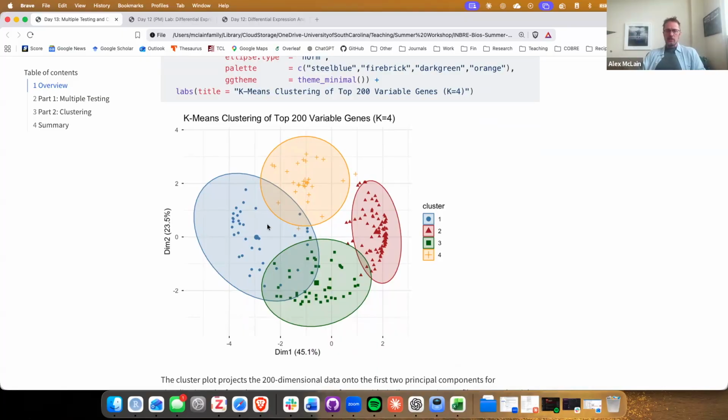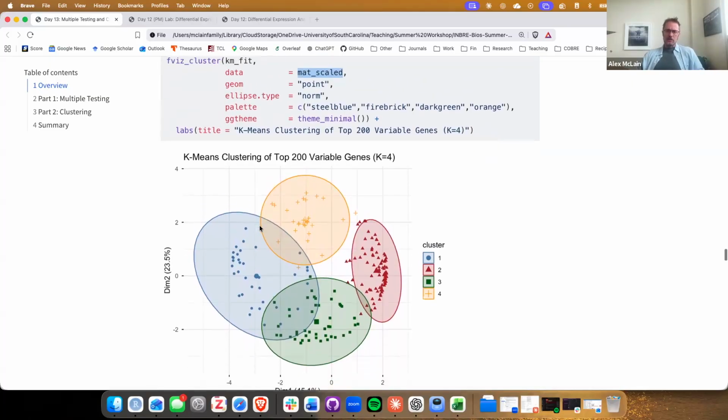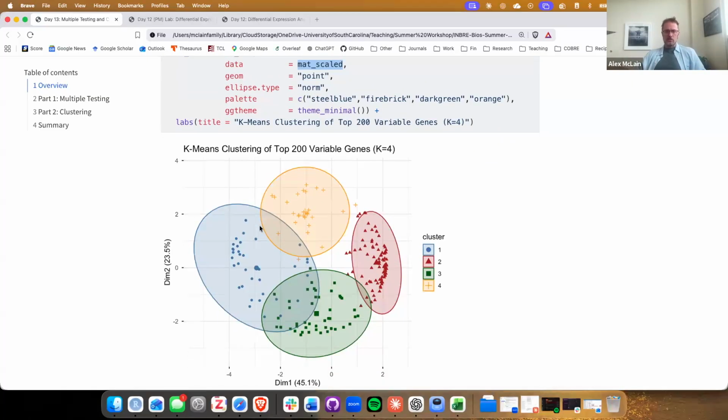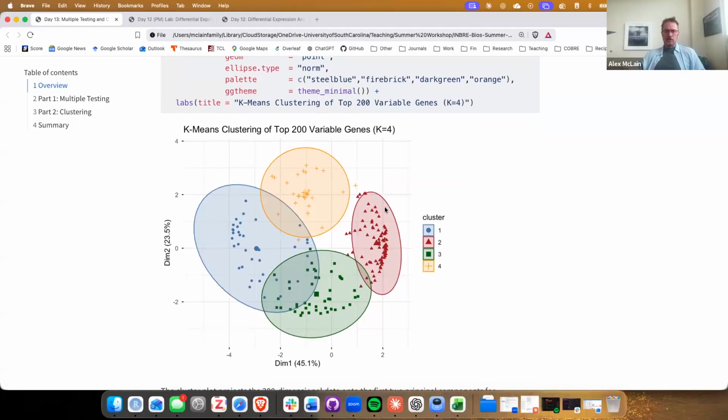And we're seeing how these clusters look in terms of those values. So the biggest cluster is cluster 2. We see it right here. The yellow cluster here, cluster 4, cluster 1, and down here we have cluster 3.